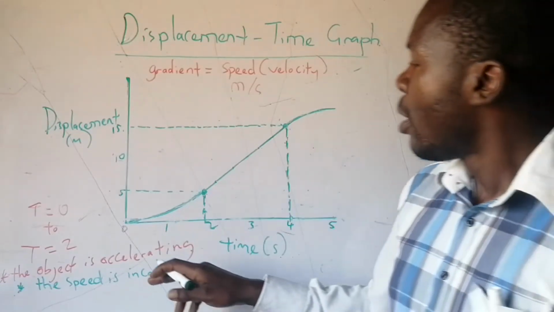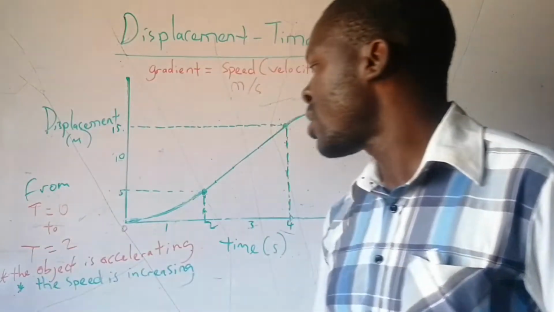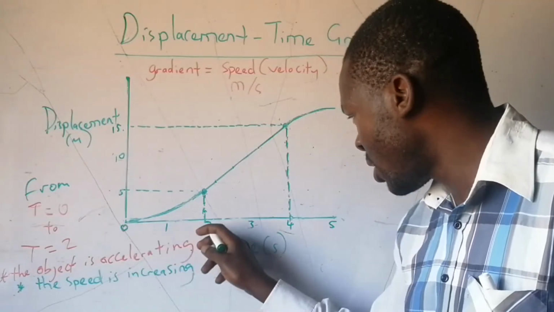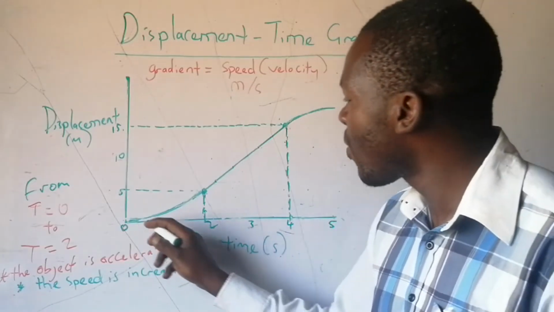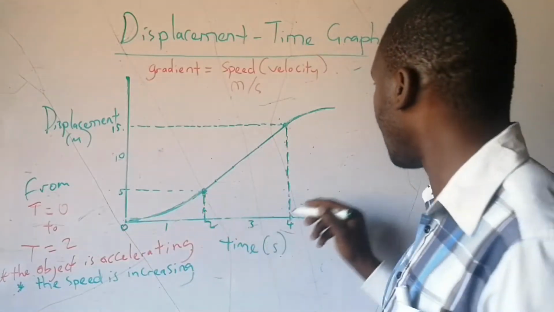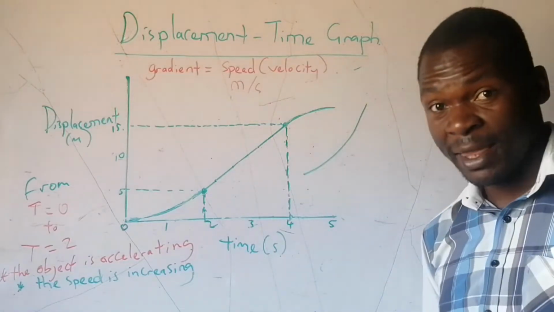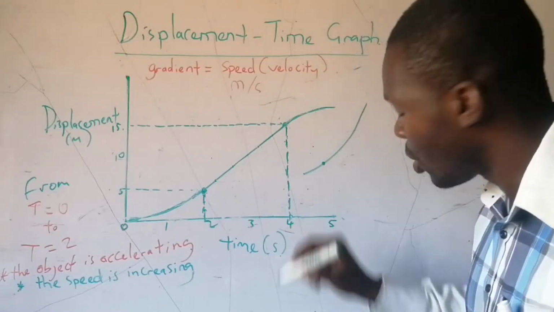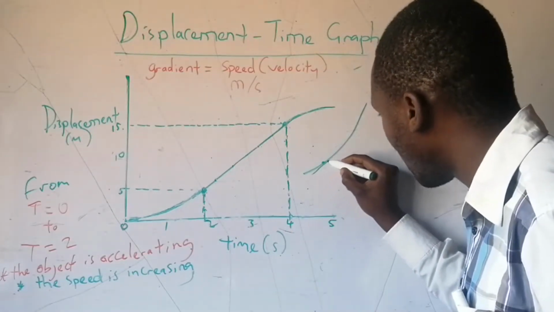From t is equal to 0 to t is equal to 2, we can see that the gradient is increasing. If I draw a curve like this, to find the gradient at this point, we draw a tangent here.